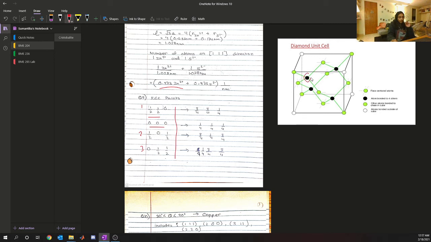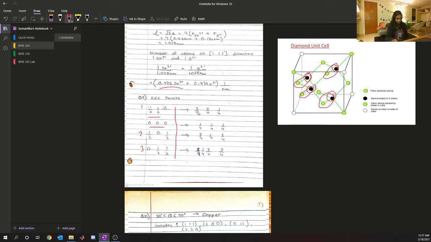So I'm circling the 4 black ones that are connected to other atoms. The idea behind it is just finding these pairs, and finding the directions for them.